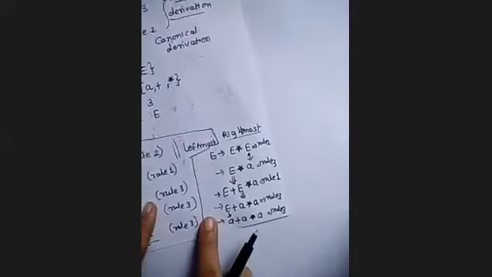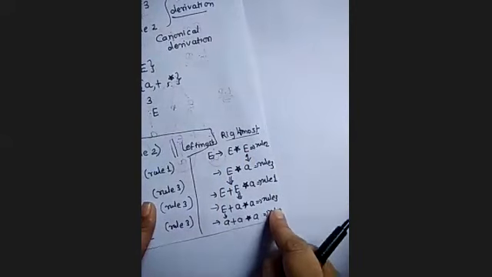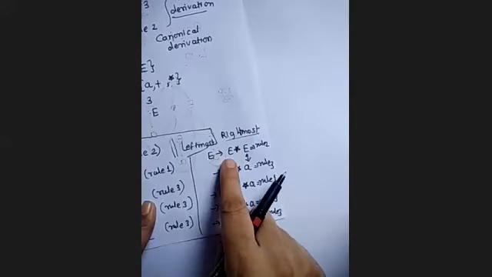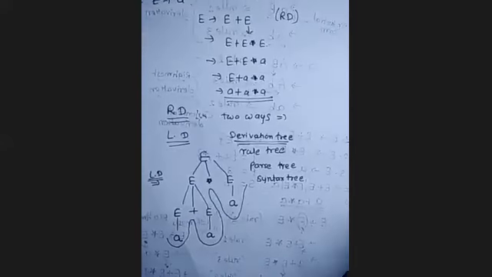E gives E star E. Now try to draw the derivation tree using the rightmost derivation, starting with E gives E star E, and tell me whether you are getting a different tree or not. Now who will tell me? Rohan, number 33.